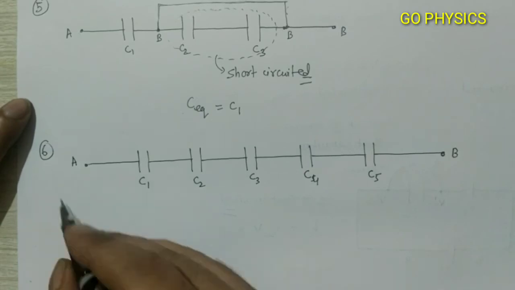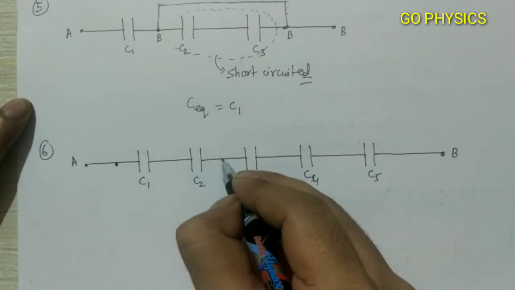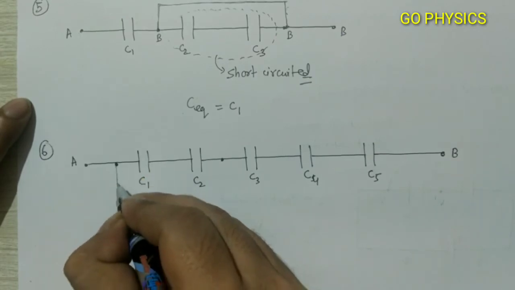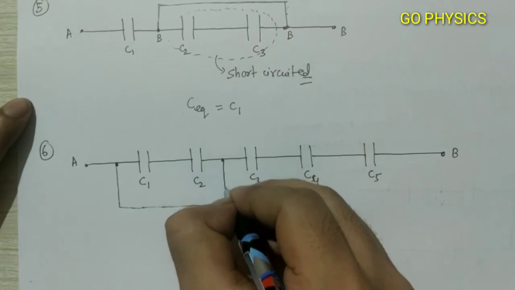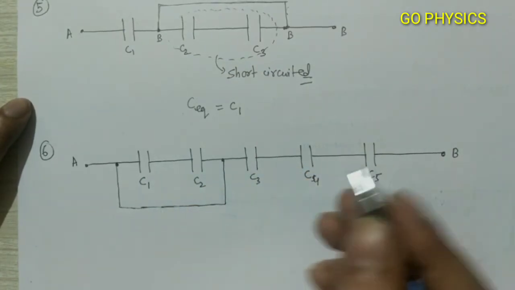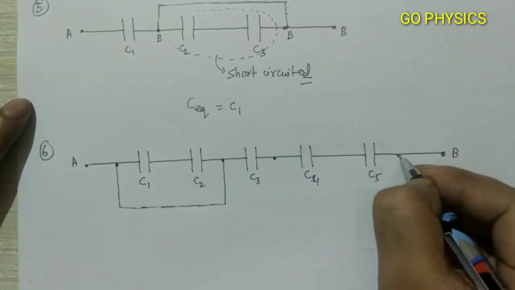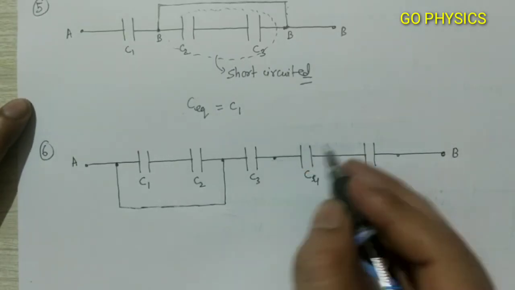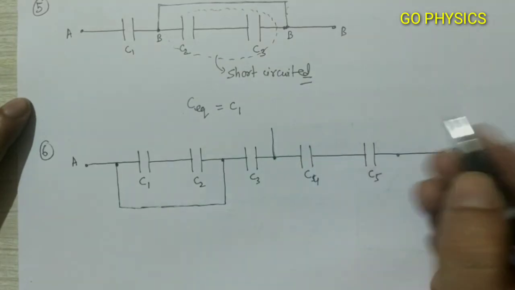But now what we did, we connected this node and this node with the help of a wire, and this node and this node with the help of another wire. Let us consider this is the wire.